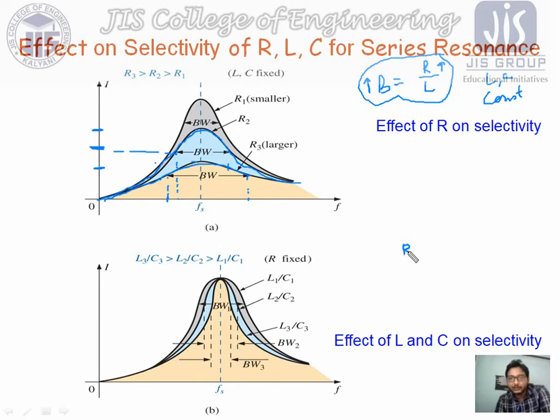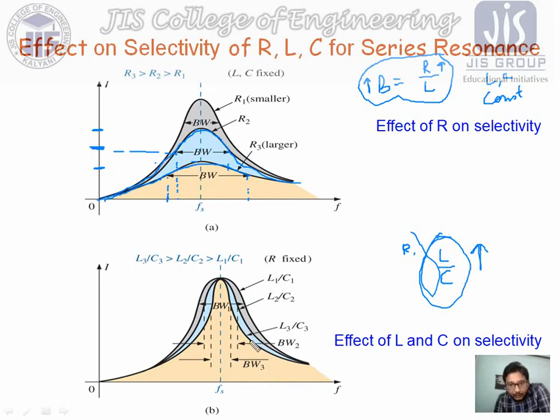And similarly, for the lower graph, if we keep R constant and change the ratio of L by C, and if we increase this ratio L by C, it means L increases. If L increases, the bandwidth should decrease. Look over here carefully: L3 by C3 is the greater one.